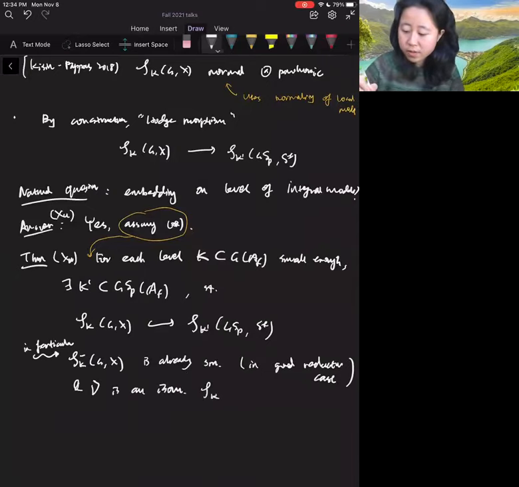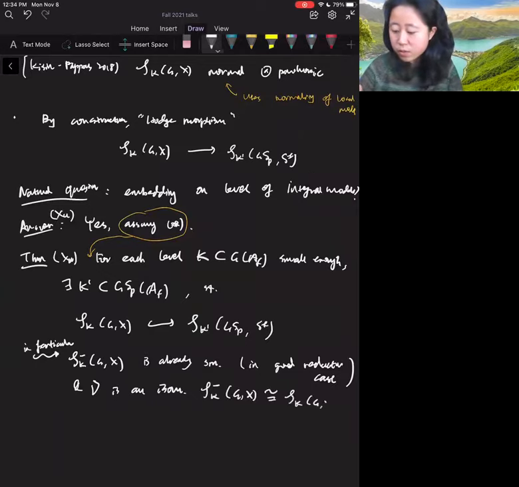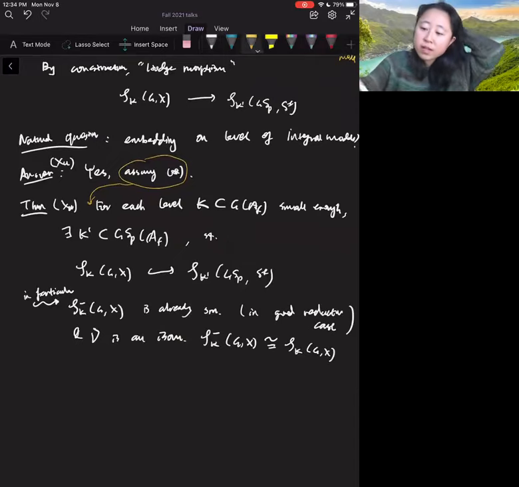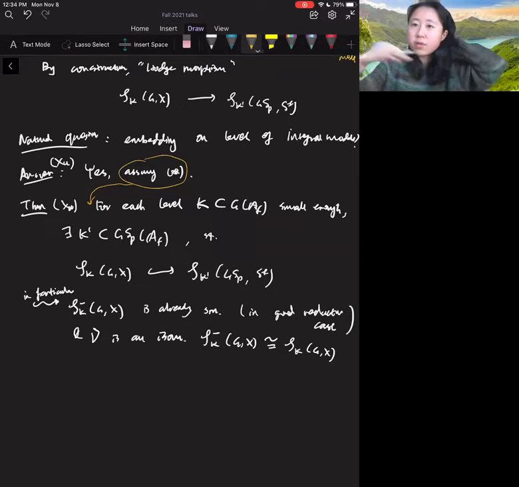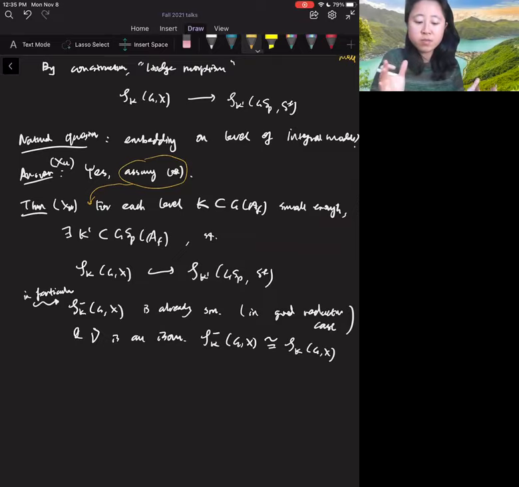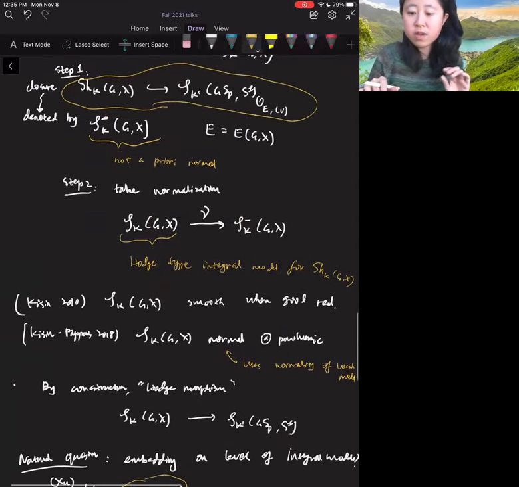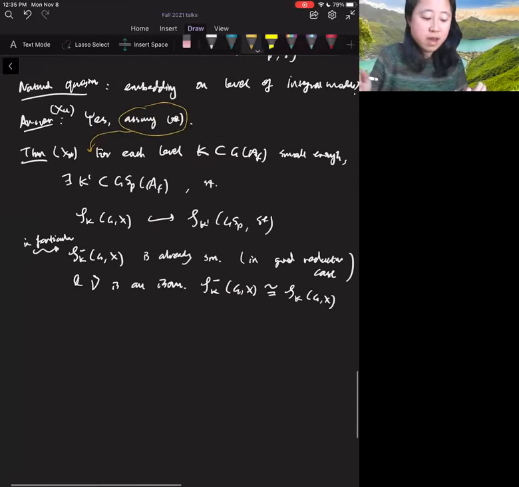So you have that this Zariski closure is smooth and isomorphic to its normalization. This tells you that, assuming this technical condition star, and for PEL type assuming nothing, the integral model for a Hodge-type Shimura variety is just constructed by taking the closure of the Hodge-type Shimura variety inside the Siegel integral model, and you're done. There's no need to do this step 2 construction. Only step 1 suffices.